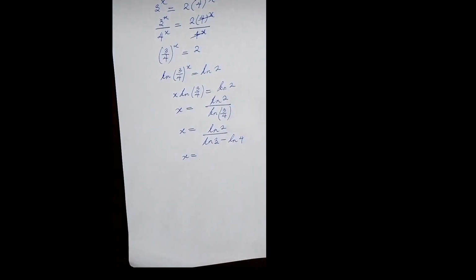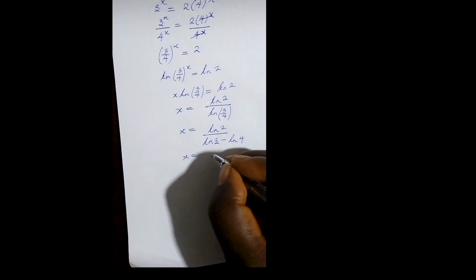This can essentially be the result, which we can also simplify further with our calculator. The natural log of 2 is 0.3010. The natural log of 3, I think that should be 0.4771.